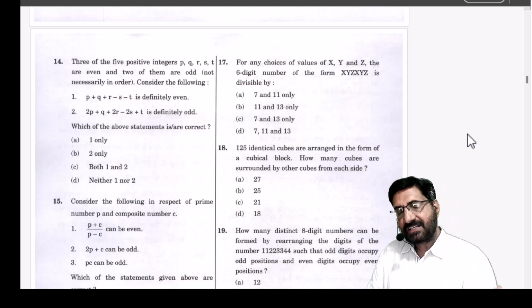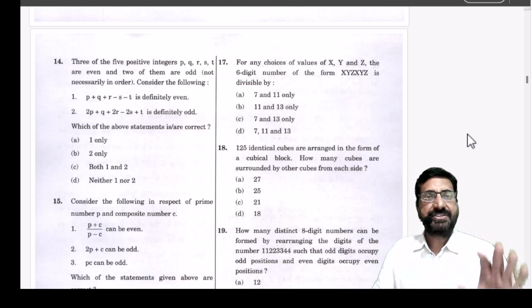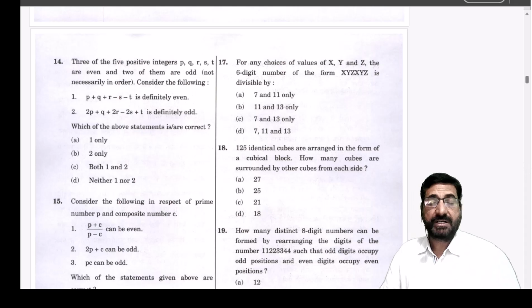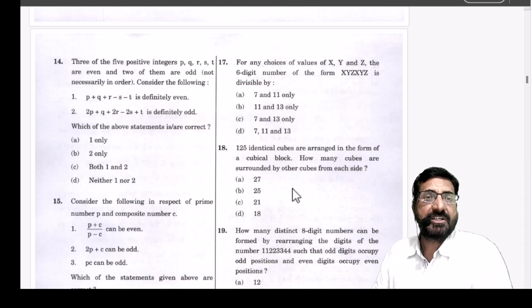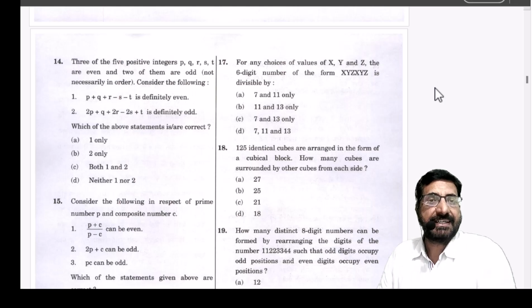So when you subtract odd from odd, whatever it is, again even. So this statement 1 is definitely even, definitely true. Okay, because p plus q plus r minus s minus t is definitely even.